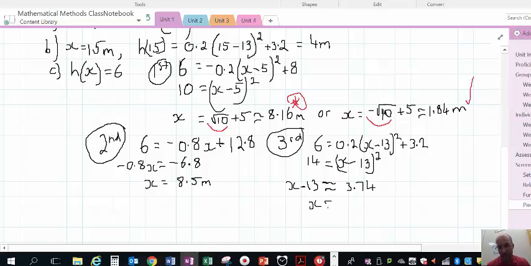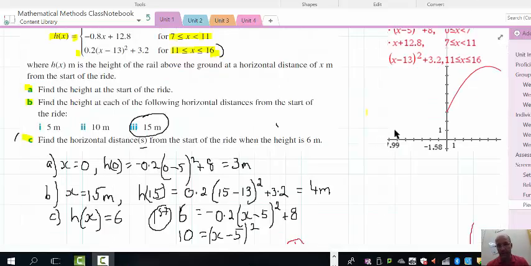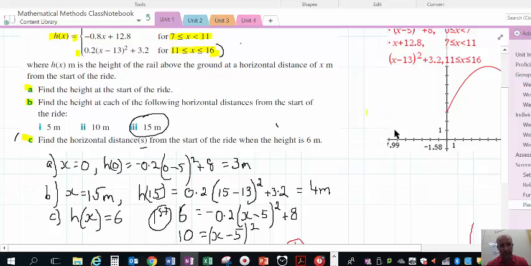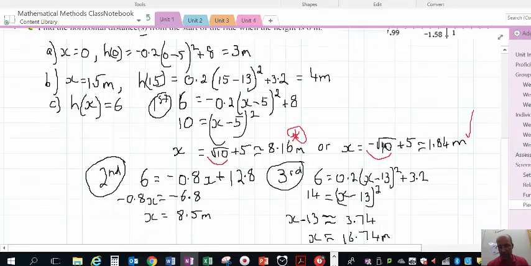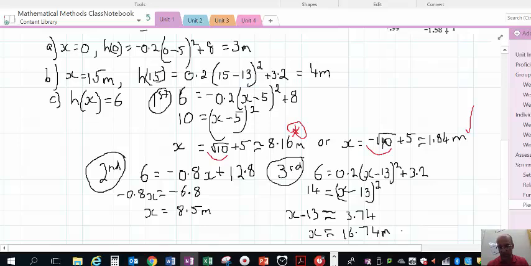We get up to x minus 13 is approximately equal to 3.74, so we add 13 on and we get x is approximately equal to 16.74 meters. Now let's check if that's in the domain. It is not, because the domain only goes up to 16, so that one is rejected.